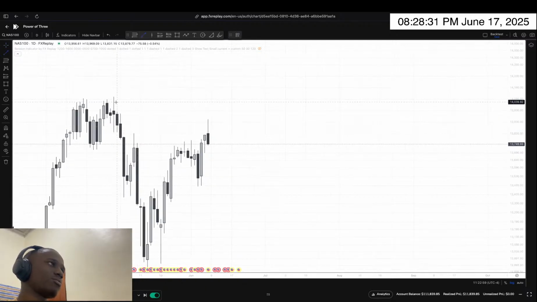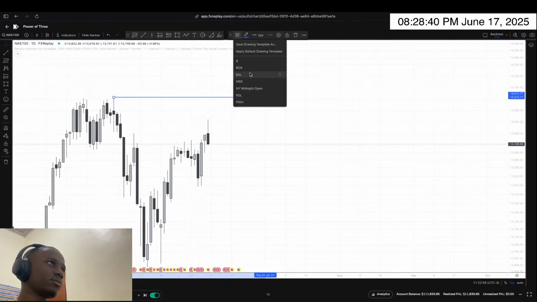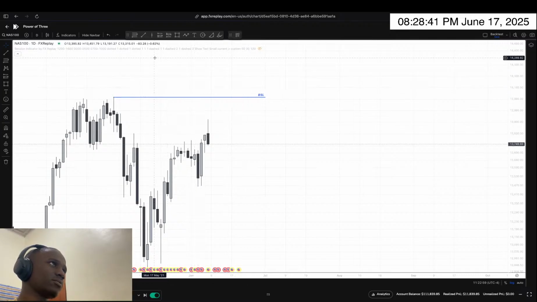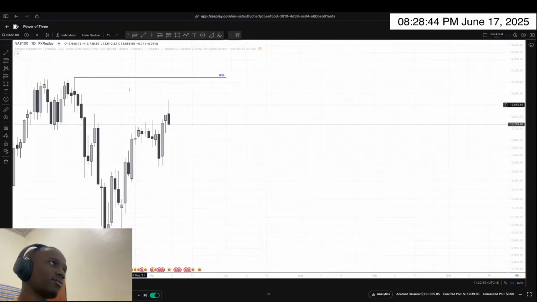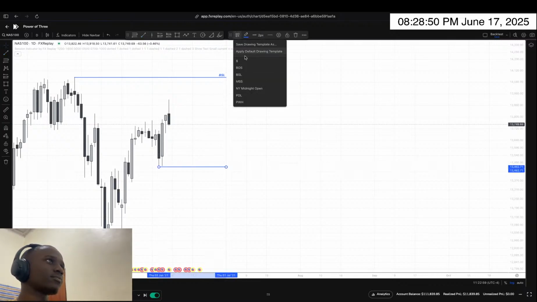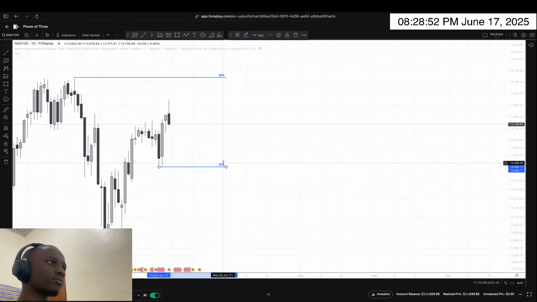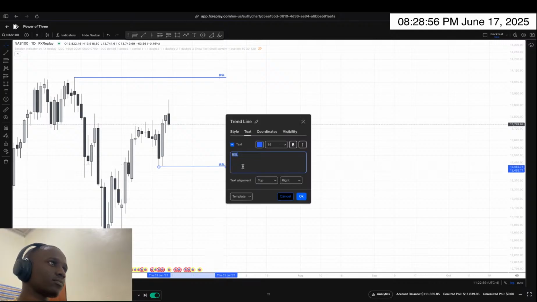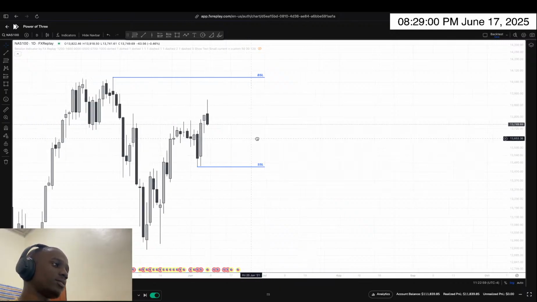So you're in this range from this high, which is buy side liquidity, and we also have sell side resting down there. We also got sell side liquidity.